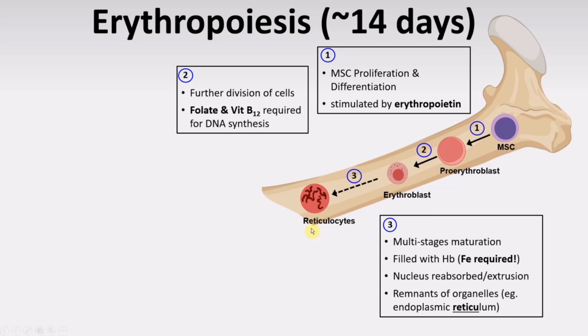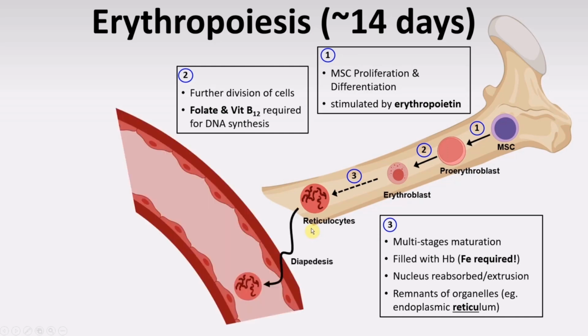Why so? Once a reticulocyte is formed, it migrates into the capillaries through a process called diapedesis. It has a very flexible membrane that allows it to squeeze through the tiny pores of your capillaries. Once it enters the circulation, that's when it starts maturing into your mature red blood cells.